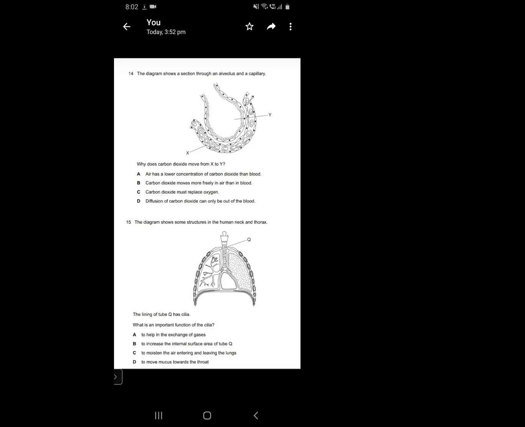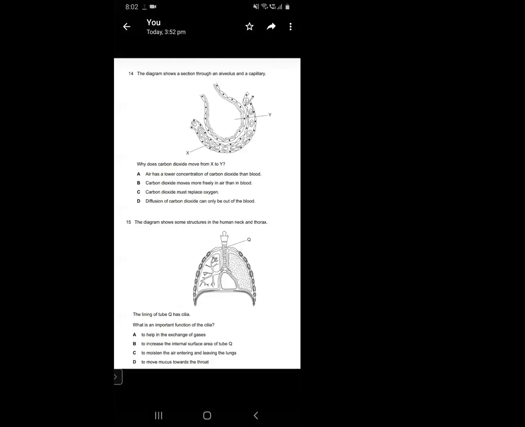Carbon dioxide moves more freely in air than in blood. Might be, but that's not the reason why it moves from the blood to the air. Carbon dioxide must replace oxygen. No, that's not the reason. Diffusion of carbon dioxide can only be out of the blood. That's not correct. So Maruj, what's our final decision? A, right?